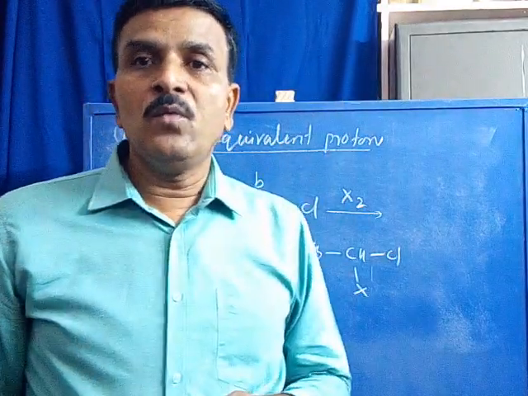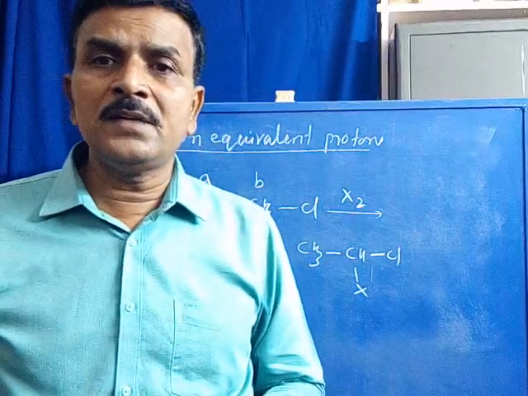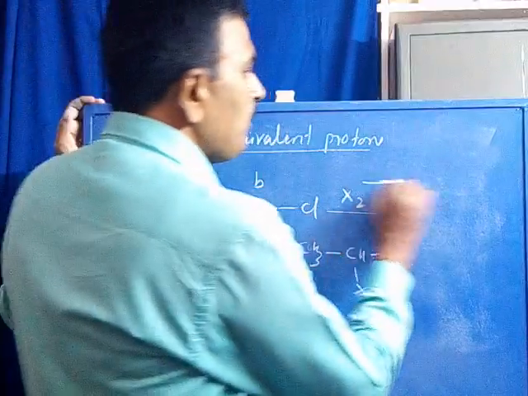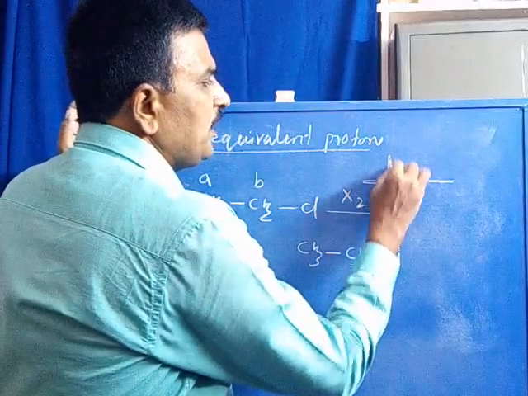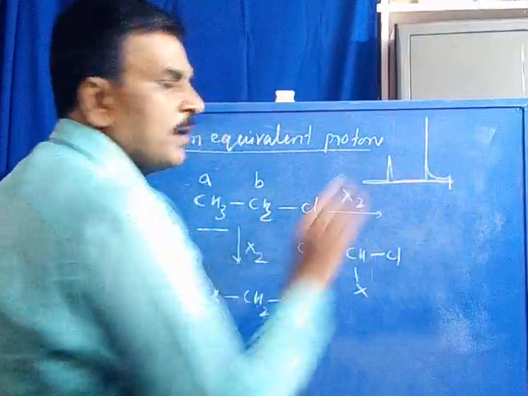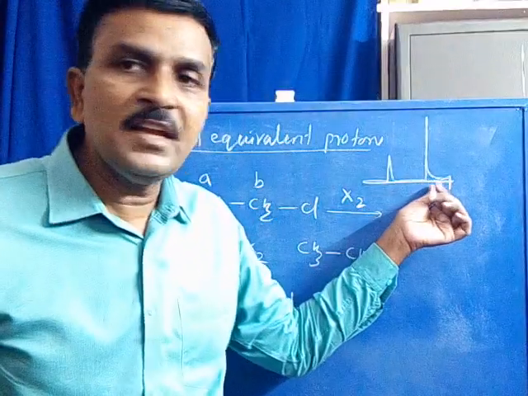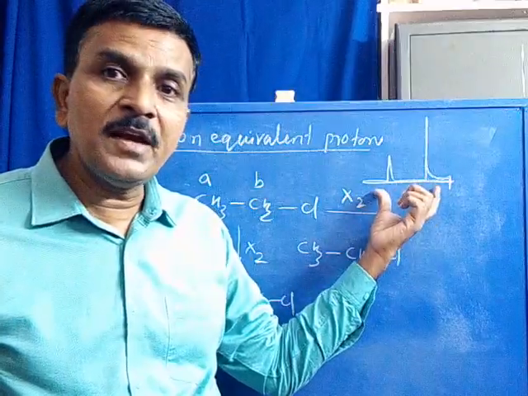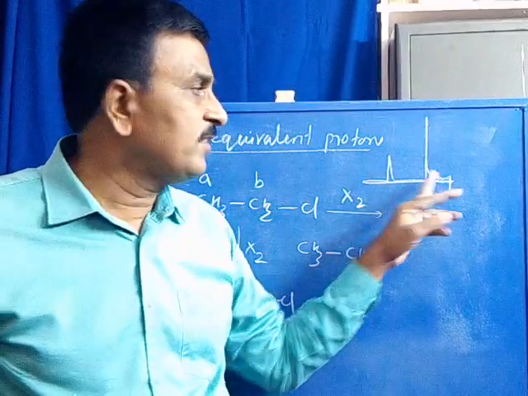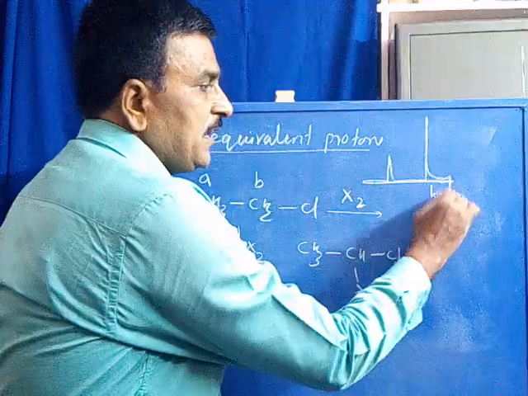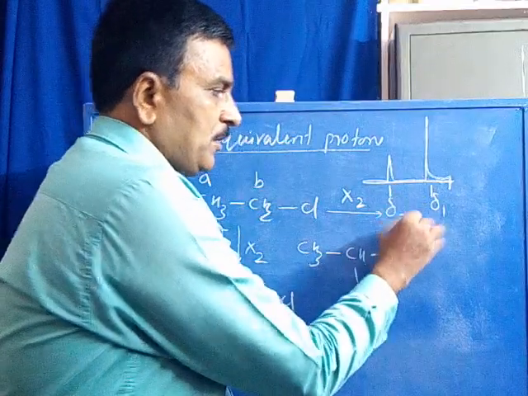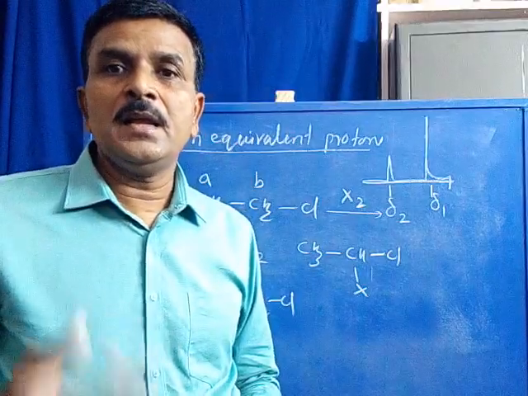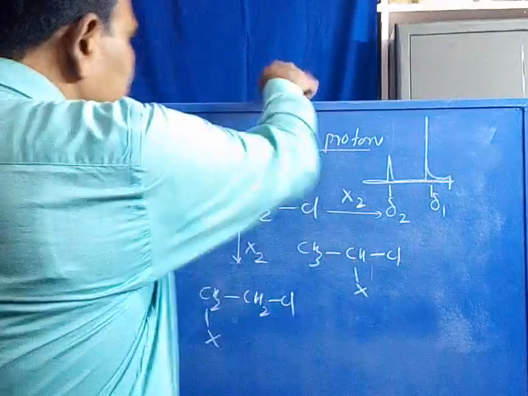The number of signals is related to the number of non-equivalent sets. In this case, we observe two signals, one for CH3 protons and one for CH2 protons, because these two are non-equivalent. They absorb energy at different frequencies, say CH3 at delta 1 and CH2 at delta 2. So n sets of non-equivalent protons result in n signals in the spectrum.